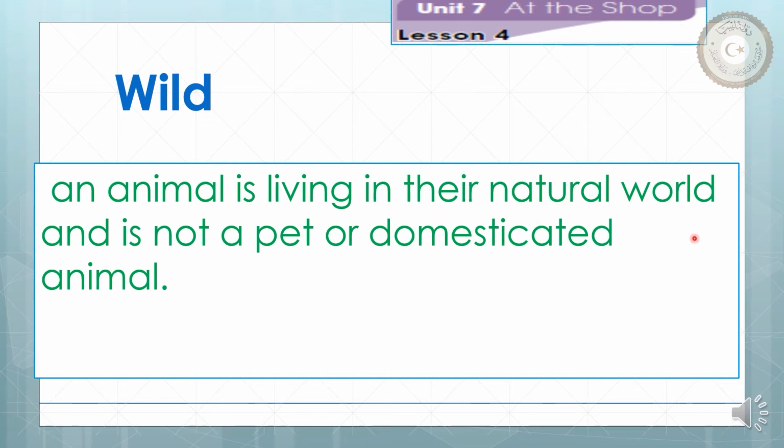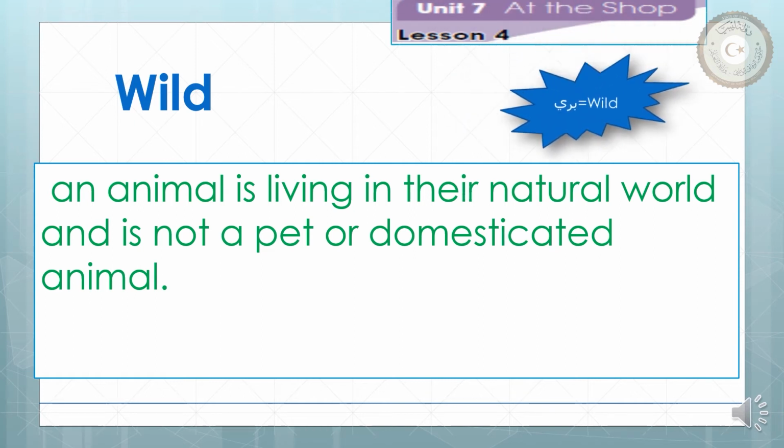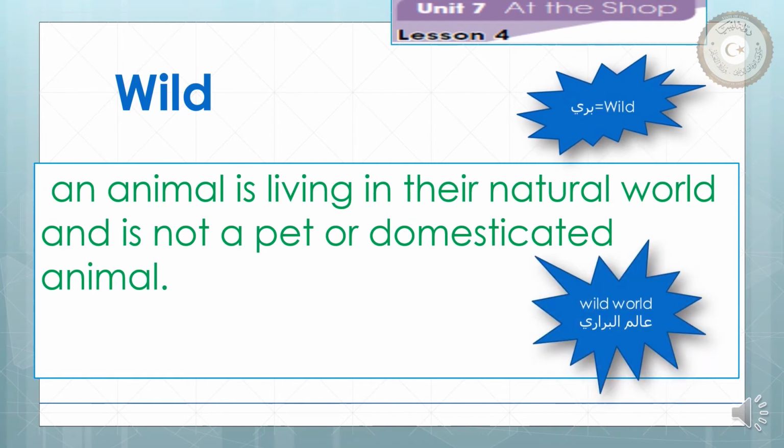They are not living at the zoo, and it's not a pet like parrots or cats or rabbits, or a domesticated animal like dogs or horses. So they are living in the natural world. Remember, we are talking about wild animals.